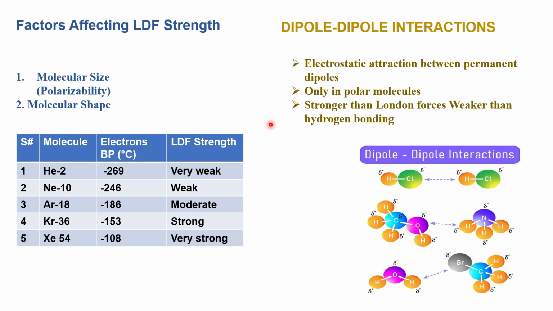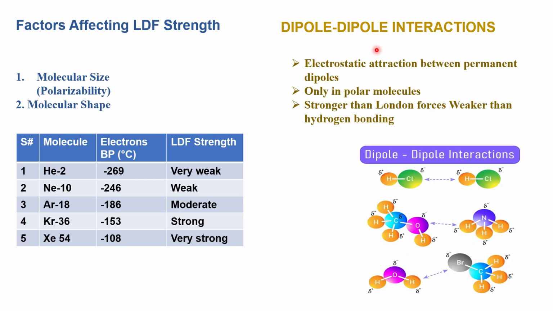Extended flat molecules experience strong dispersion forces due to increased surface contact. This explains why boiling point increases down the noble gas group, and why large organic molecules can form stable solids even without strong chemical bonds.